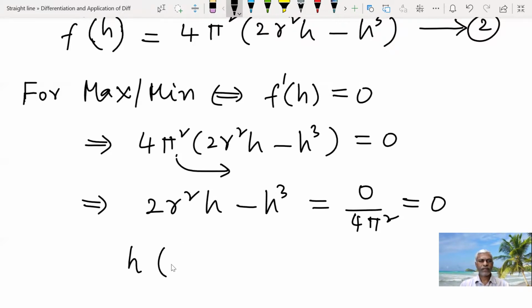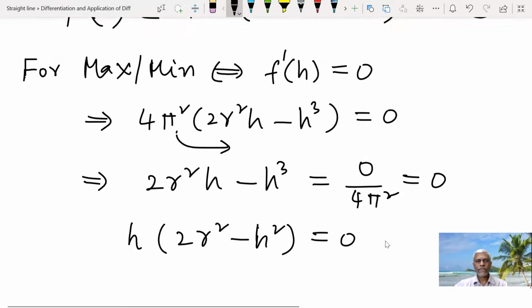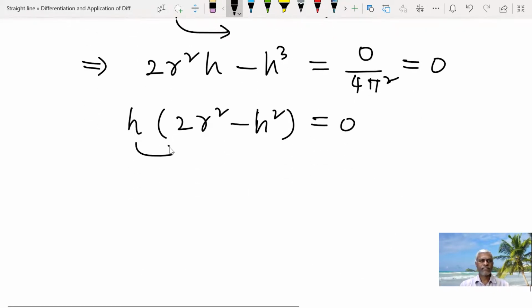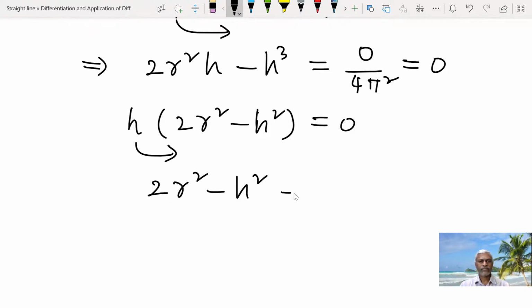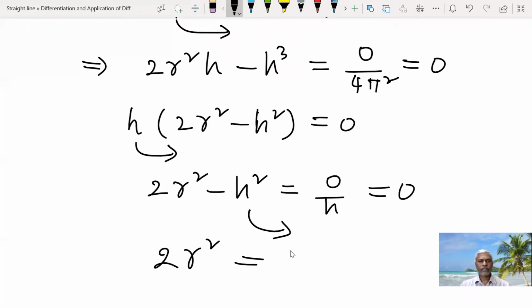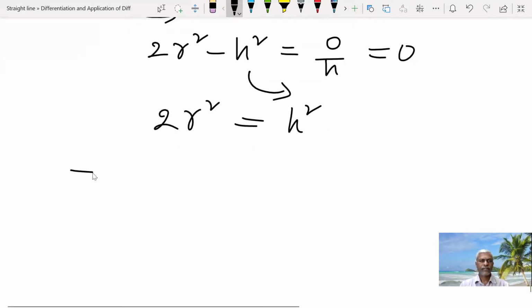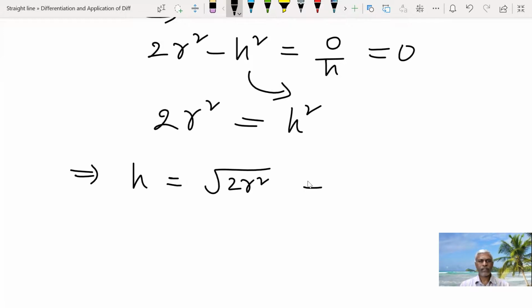Taking h common, 2 r square minus h square is equal to 0. And bringing h square to the right side, 2 r square is equal to h square, and that is h is equal to under root 2r square, that is root 2 r.